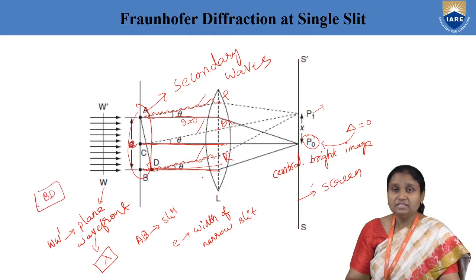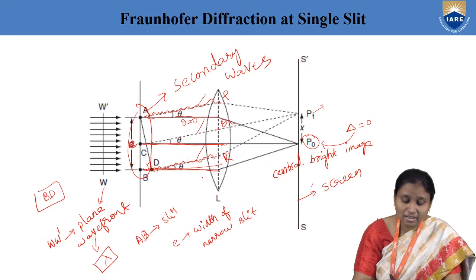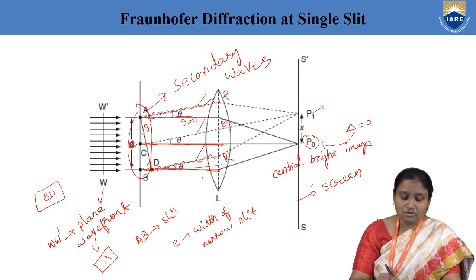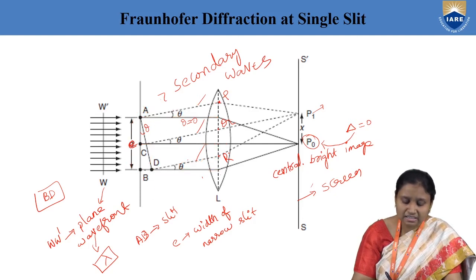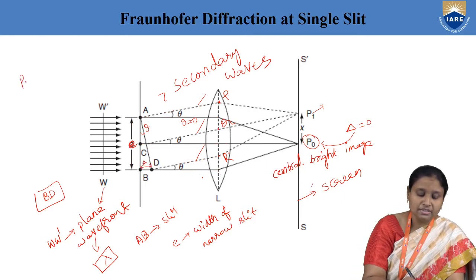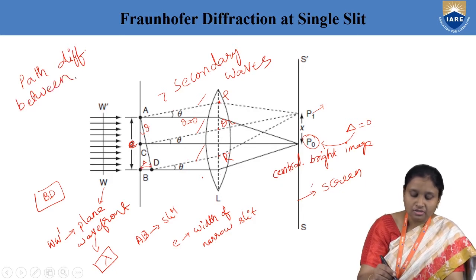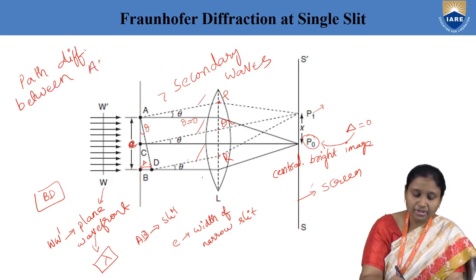In order to find this path difference, you will observe that this angle is also theta. So here, as you can see, this is B and this is our path difference. So the path difference between the secondary waves AP and BR, which are making angle theta, is given by delta.